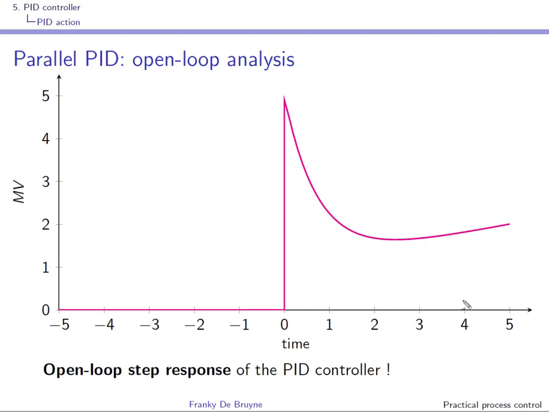But of course here what you have is derivative action on top of the proportional integral action. As you can see here, you have the derivative kick, right? And then the derivative action is maintained for a while, but after a while the derivative action is disappearing, right?